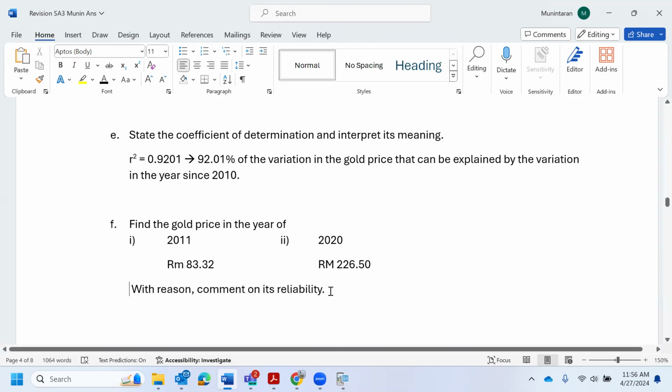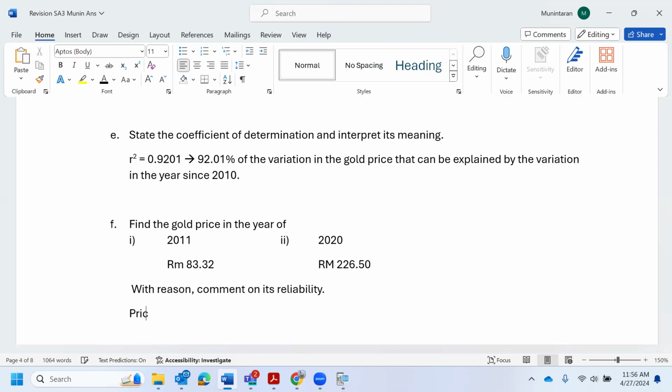With reason, comment on the reliability. So you're going to say that the price in 2011 is not reliable, all right, not reliable, as 2011 lies outside the data range.